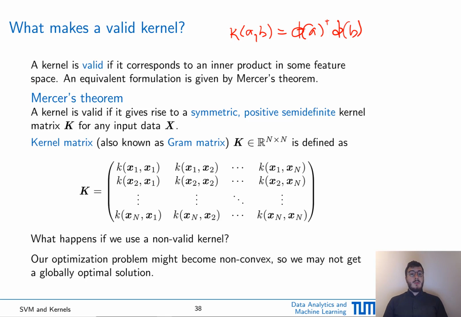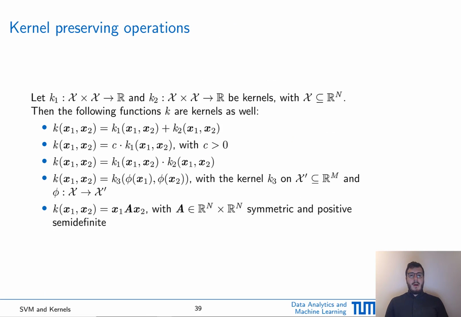Okay, so how do we know then that a kernel is valid? How do we check? Because this condition might be difficult to prove in practice. Well, one idea which we can do is to apply kernel preserving operations on some basis of functions which are already known to be kernels. So you can think back maybe to our discussion of convexity, where we knew that certain functions are convex, and then applying certain operations preserves convexity. Something similar is happening here, where we know that certain functions are kernels, and then applying some operations we get again a kernel.